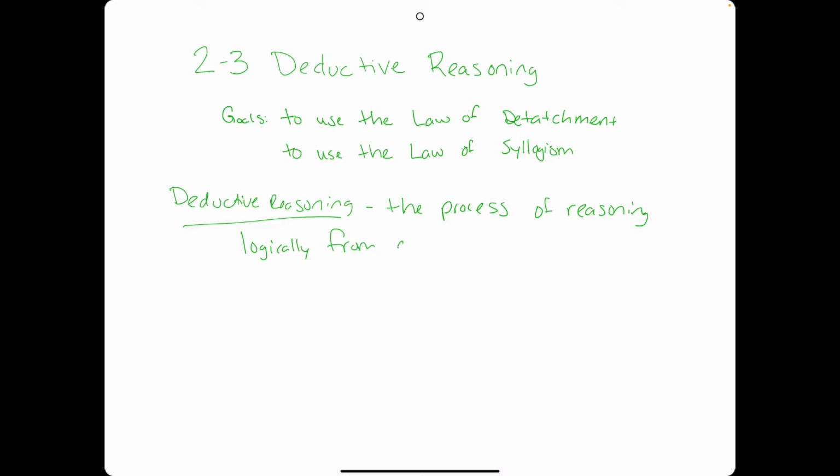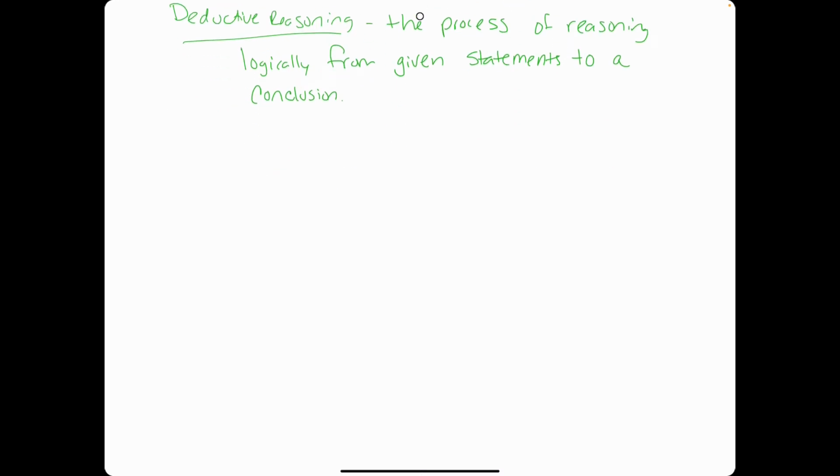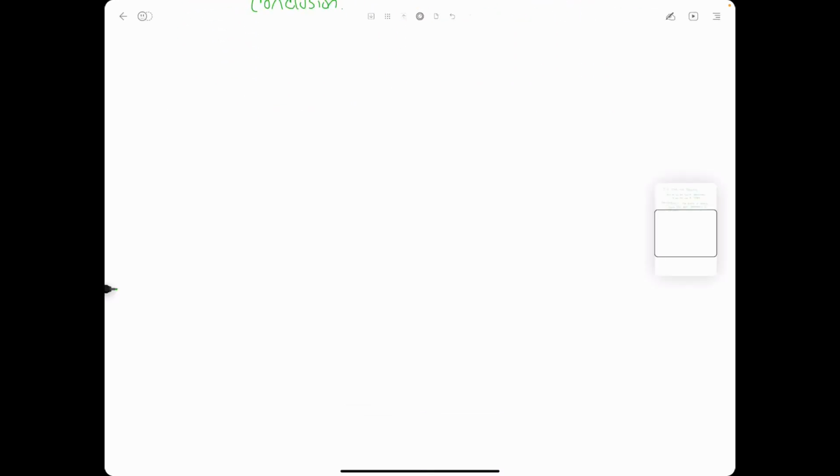From given statements to a conclusion. Okay, hopefully not too difficult. So we can use this in everyday life, probably more than most math. So let's just dive right into example 1.